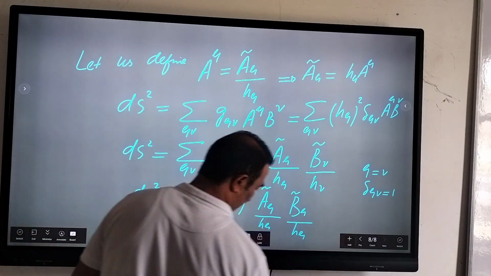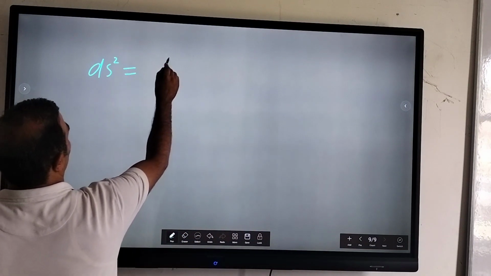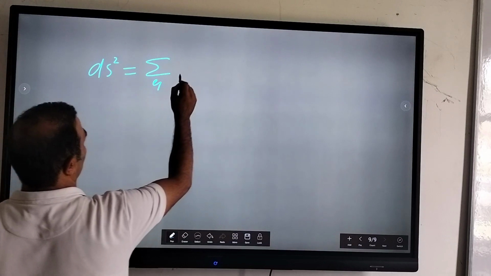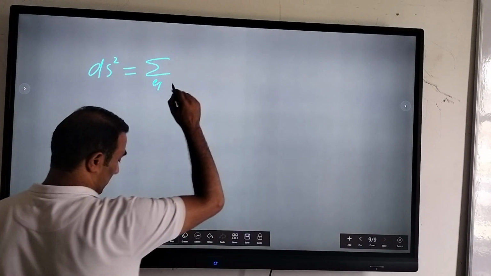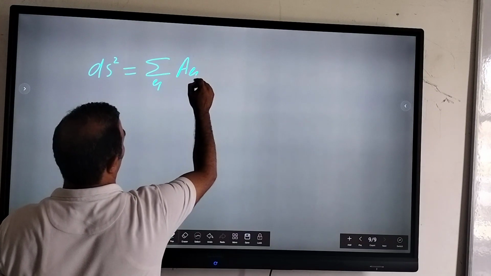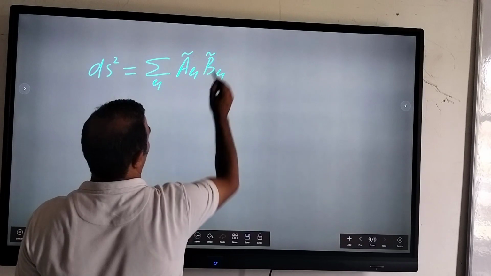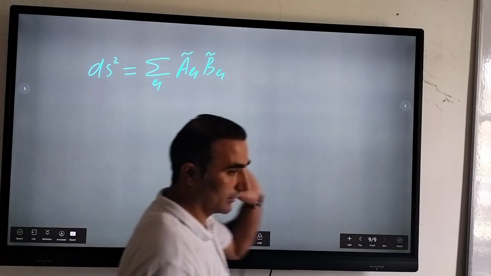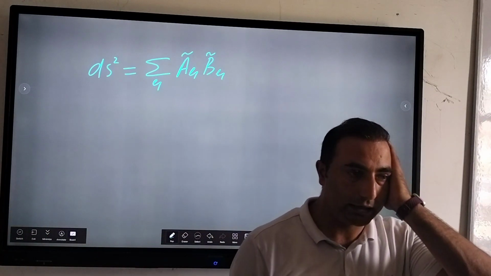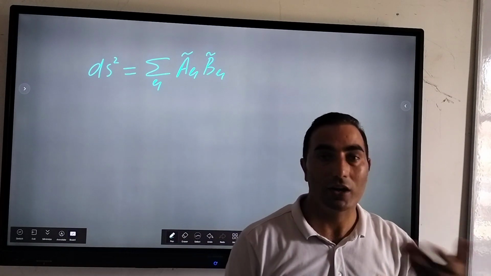So you can write ds square will be equal to, that's our a mu. So this is how you are writing that ds square in terms of those ordinary vectors, right?